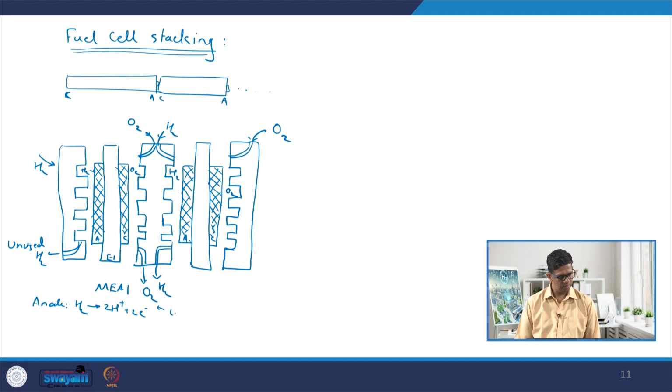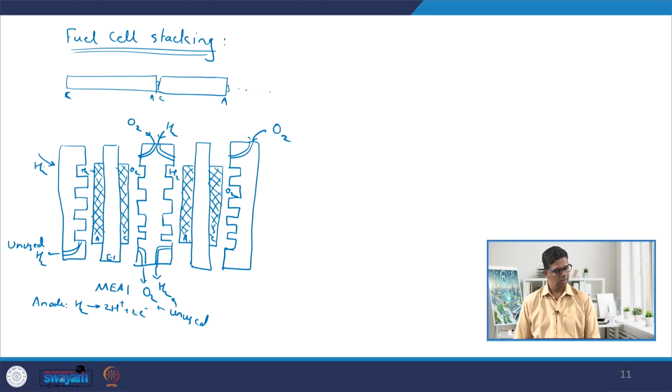This is unused, both of them are unused and they are taken out separately. They are ensured to enter the respective chambers of the cells and they leave those chambers without getting mixed. And that is one of the reasons why the bipolar plate makes a very significant contribution in the stacking of the cells.